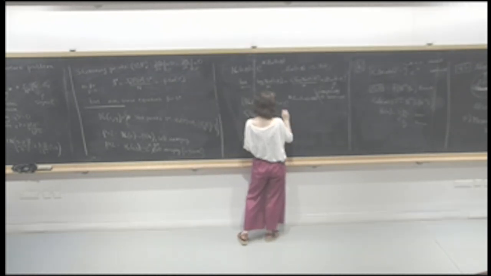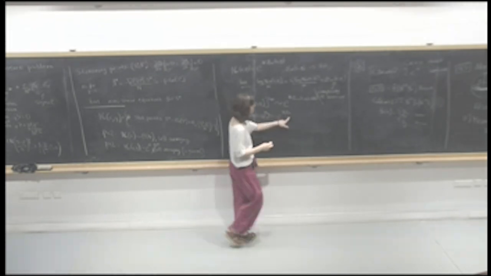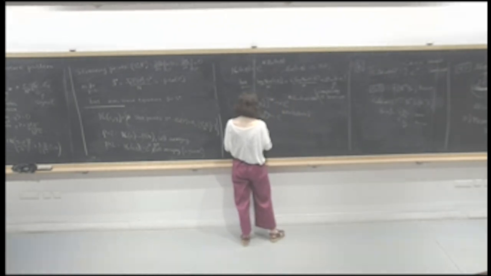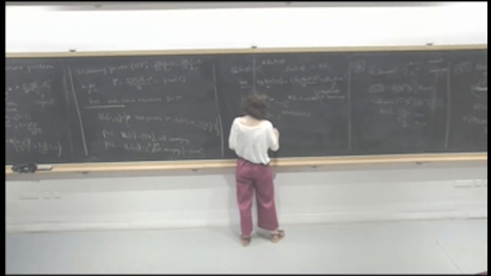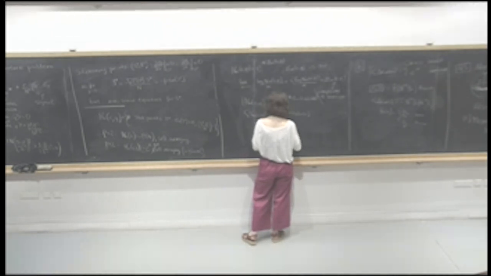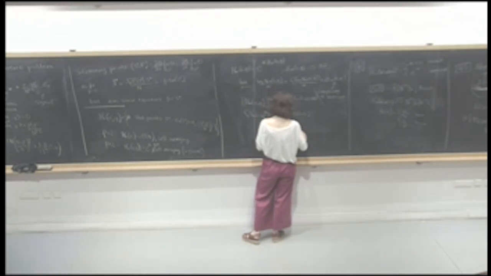And its scaling will be controlled by another function, which I will call SA, and A stands for annealed. And SA is essentially the limit n going to infinity of the log of the average of n divided by n.